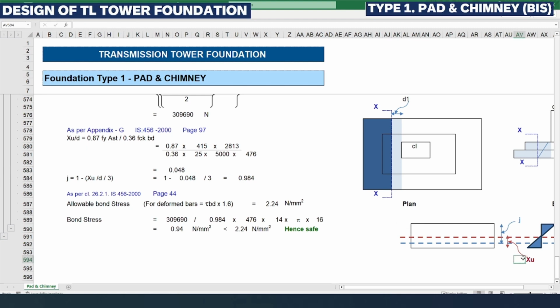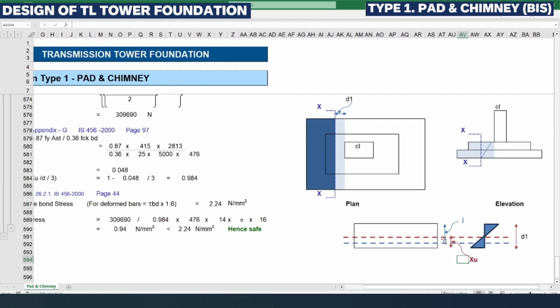So our neutral axis lies somewhere here. To calculate the lever arm distance, J, which you can see here in the picture, it is calculated from the full effective depth minus 1/3 of XU. Why are we considering 1/3? Because it is in a triangle shape.